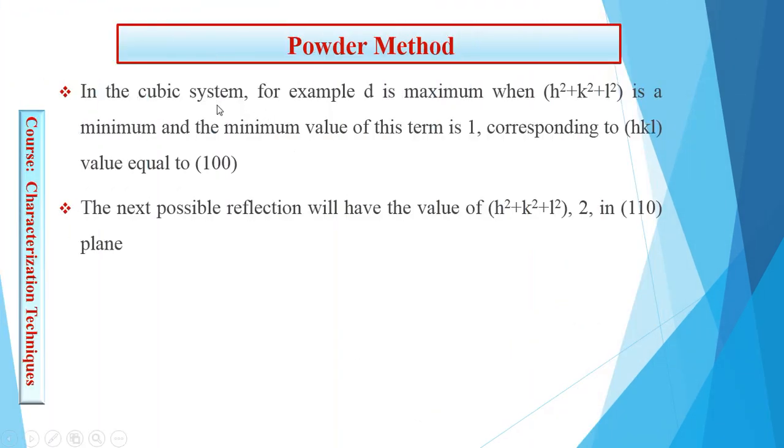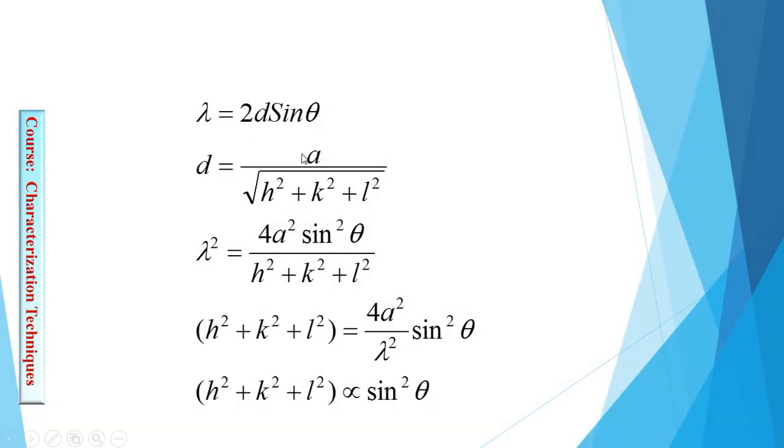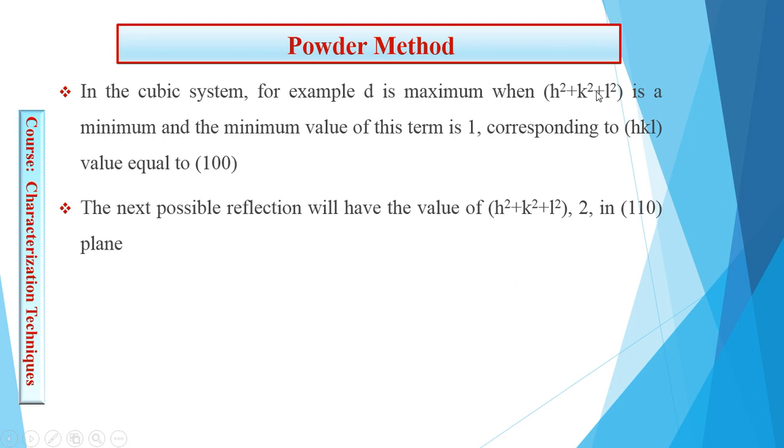In the cubic system, for example, d is maximum when h square plus k square plus l square is a minimum, because d depends upon this term. The minimum value of this term is 1, corresponding to HKL equal to 1 0 0. Substituting, h is 1, k is 0, l is 0, so we have 1 square in the denominator.